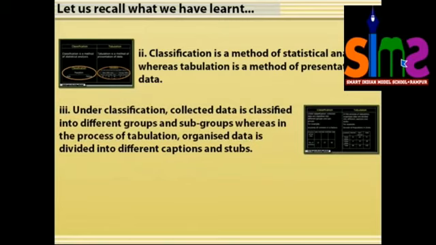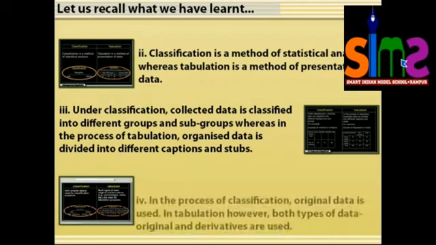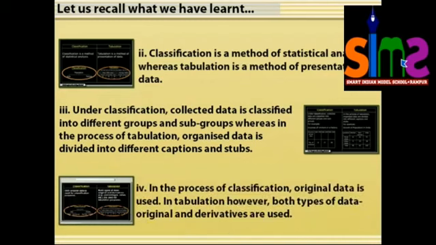Under classification, collected data is classified into different groups and subgroups, whereas in the process of tabulation, organized data is divided into different captions and stubs. Number 4. In the process of classification, original data is used. In tabulation, however, both types of data, original and derivatives, are used.